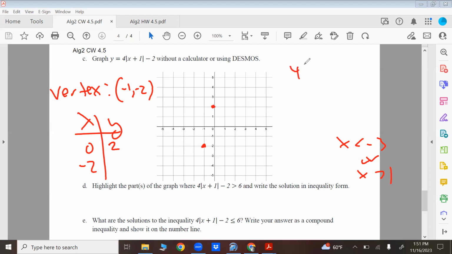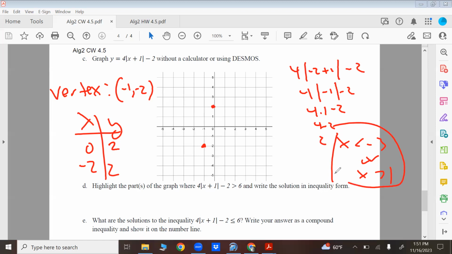Still get 2, right? Oh wait, yeah, that's right. It's positive. Okay. So the graph looks like this.